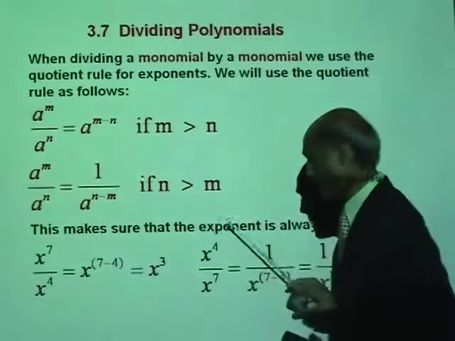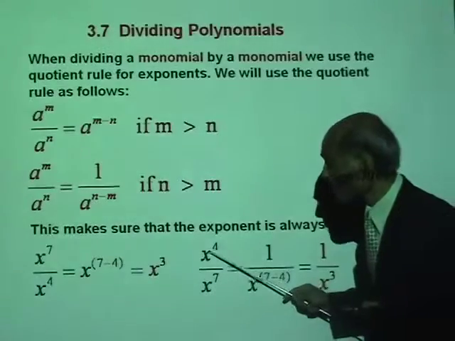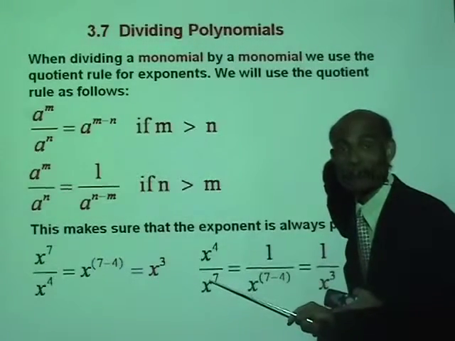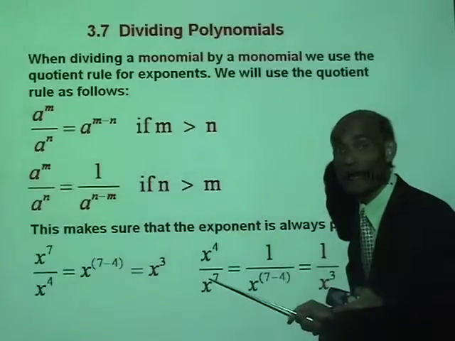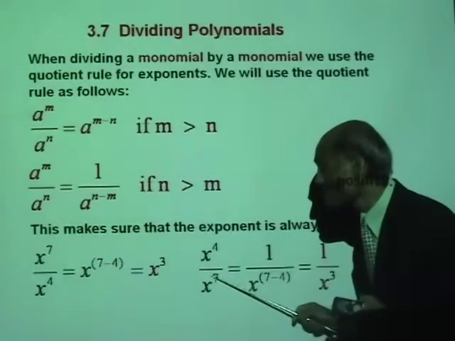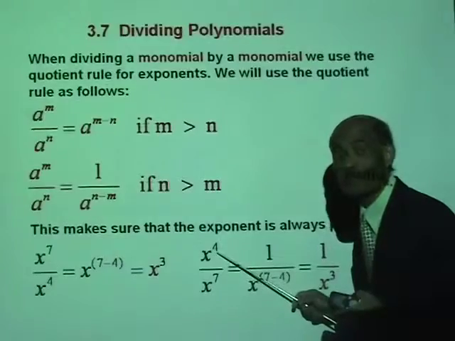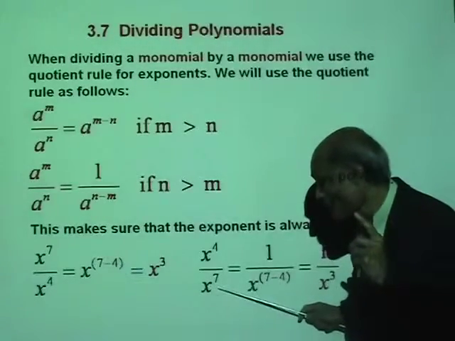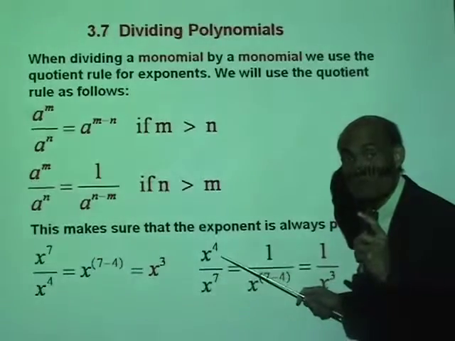Okay, on the other hand, if I have x to the power 4 divided by x to the power 7, what will be the result there? The denominator power is greater than the numerator power. Therefore, the answer will stay on the denominator. What will be my numerator?